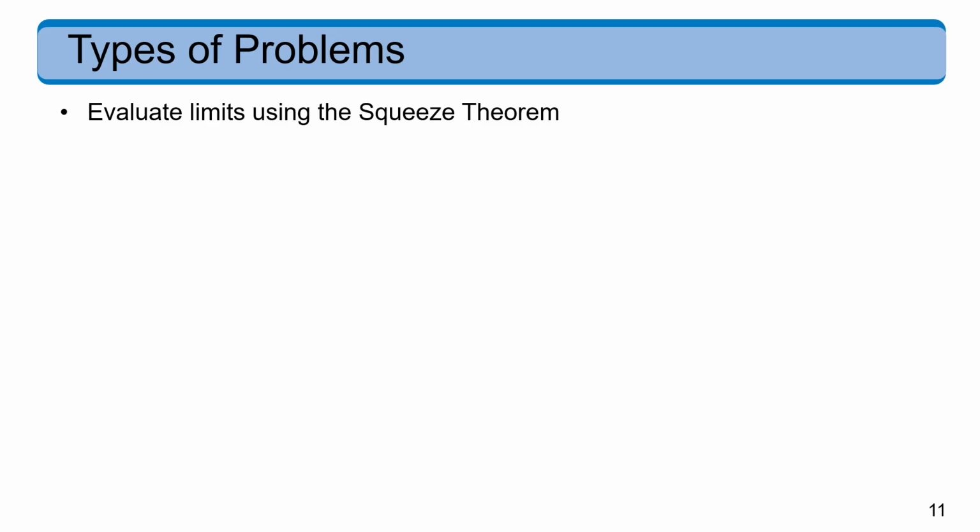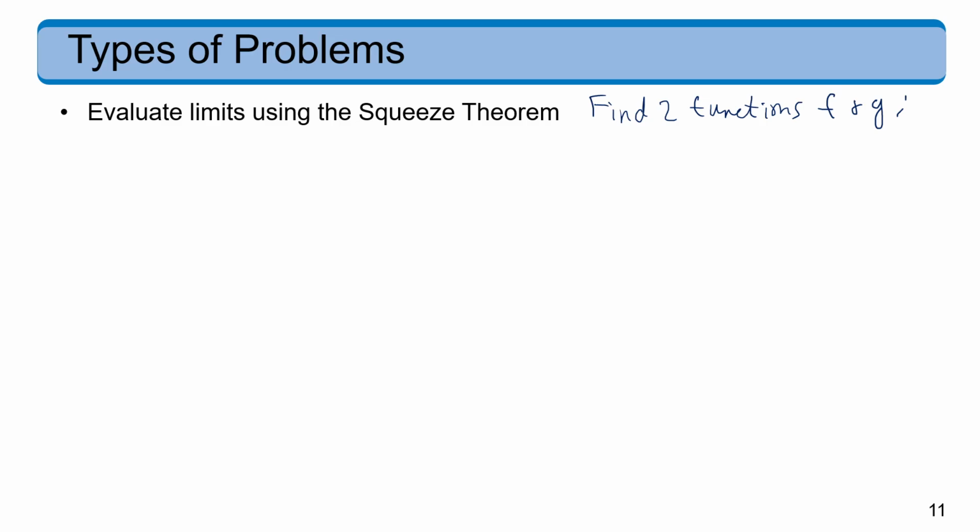So if you consider the function that you're asked to find the limit of, you have to find two other functions, we'll call them f and g, that satisfy a few things.